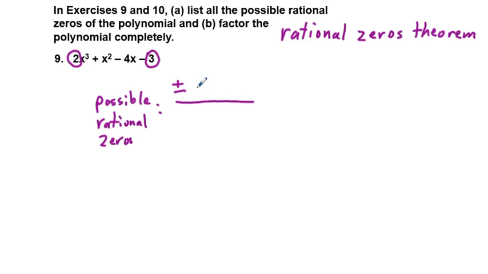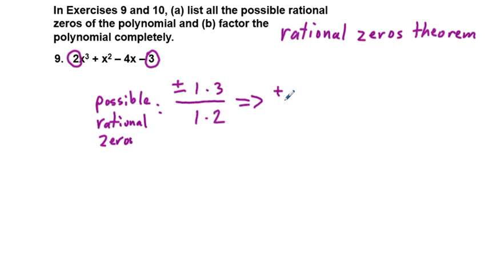So we have 3, 1 and 3. So 1 times 3 are the possible factors of 3. And in the denominator, we take the leading coefficient of the leading term, which is going to be 2, which has the factors 1 times 2. And so what we have is, this leads to, we're going to have 1, these are all plus or minus.